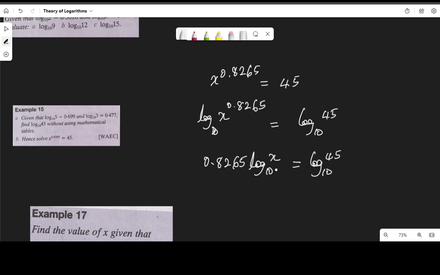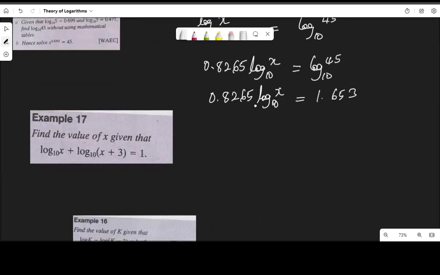And log 45 to base 10 is 1.653, like we saw in part A. So I'm going to replace this now: 0.8265 log x to base 10 is equal to 1.653. That is the answer we got from the A part of this question.